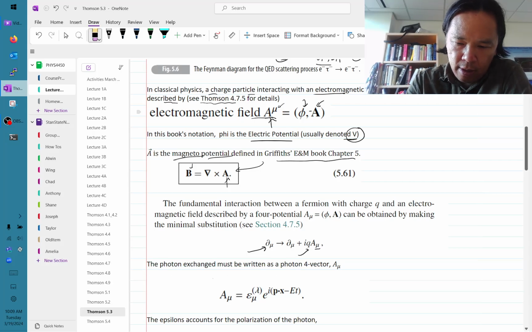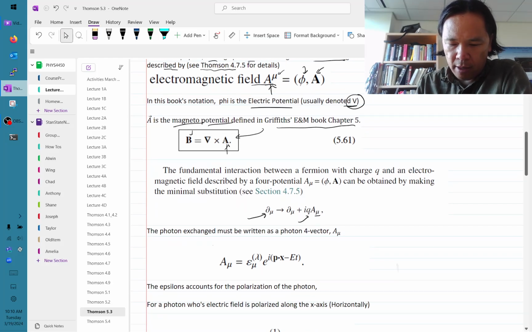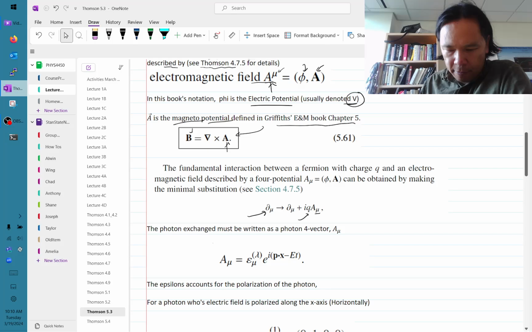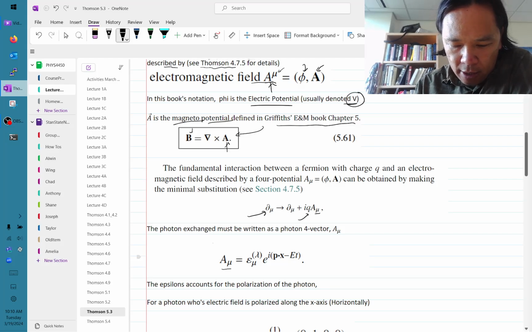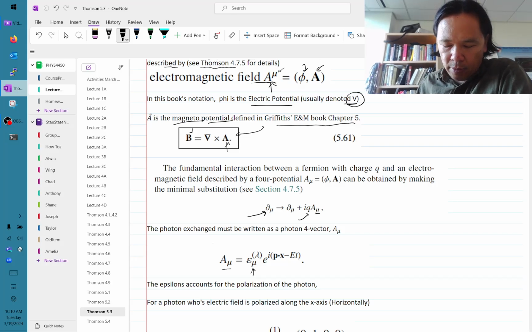But yeah, I'm not going to go through all the mathematics in here. But this covariant electromagnetic field can be written out as some polarization state, and I'll describe what that is.